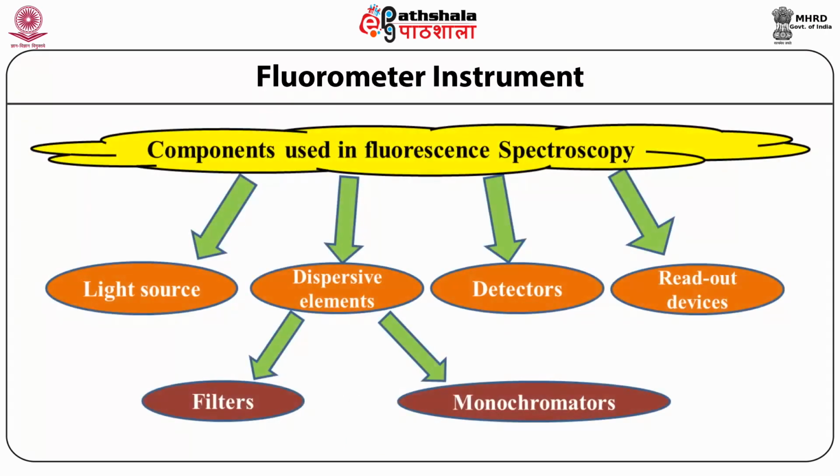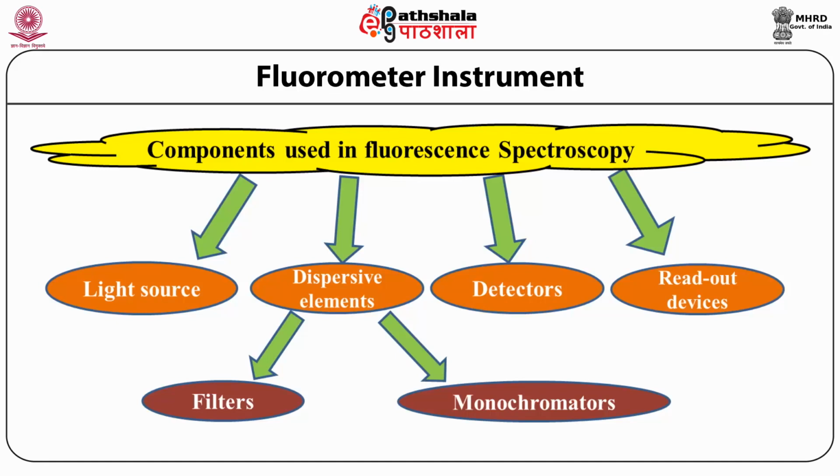The instrument fluorometer contains several components, and the main components are light sources, dispersive elements that contain filters or monochromators, and detectors. So, let us study more details about these components.